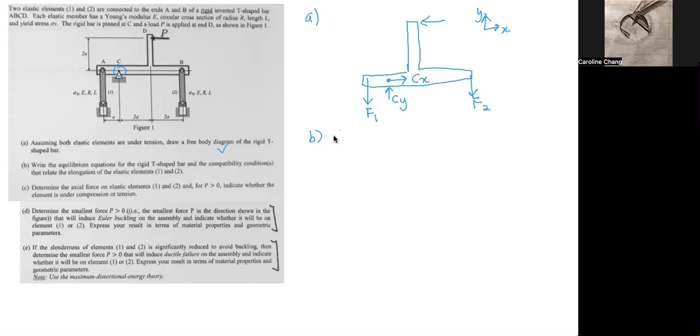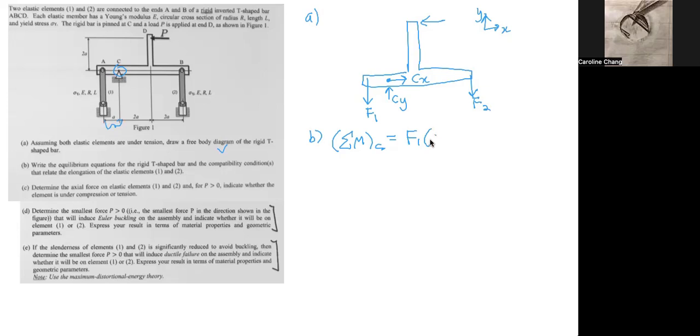So the sum of the moments around C is equal to F1, and by the right-hand rule, it's going to rotate counterclockwise around C. So the moment is positive F1 times a distance of A from point C.